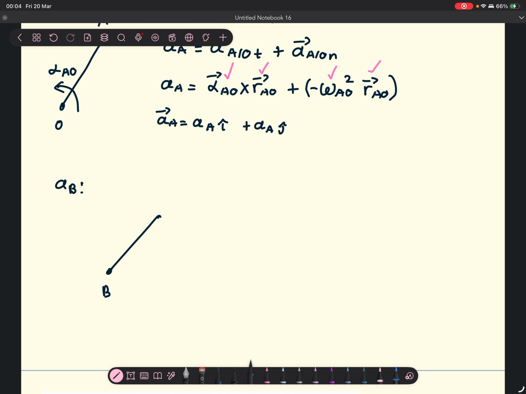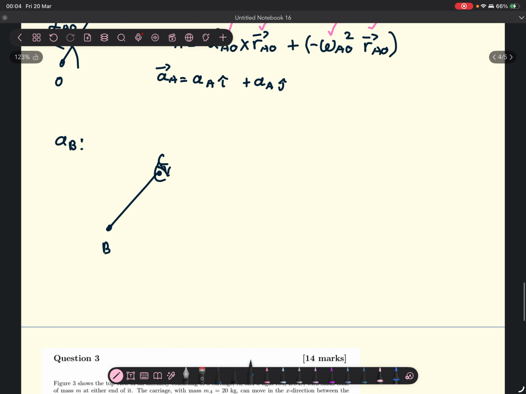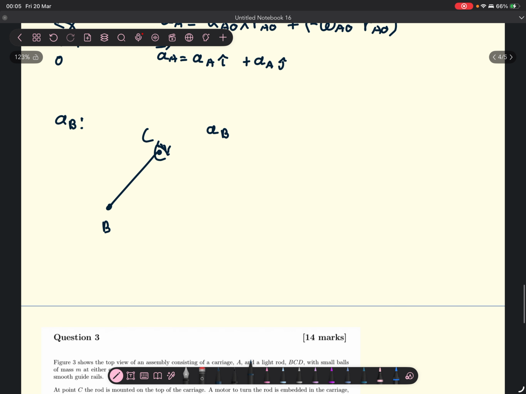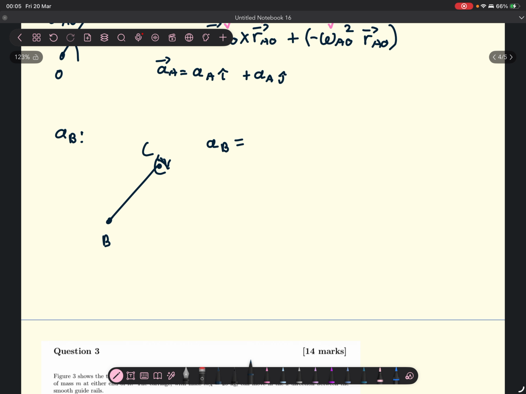Let's look at link BC. We don't know what alpha BC is, right? It's not given to us. But we know that C is a stationary point, and we've also calculated omega BC from the previous question. So let's write down our full acceleration equation.